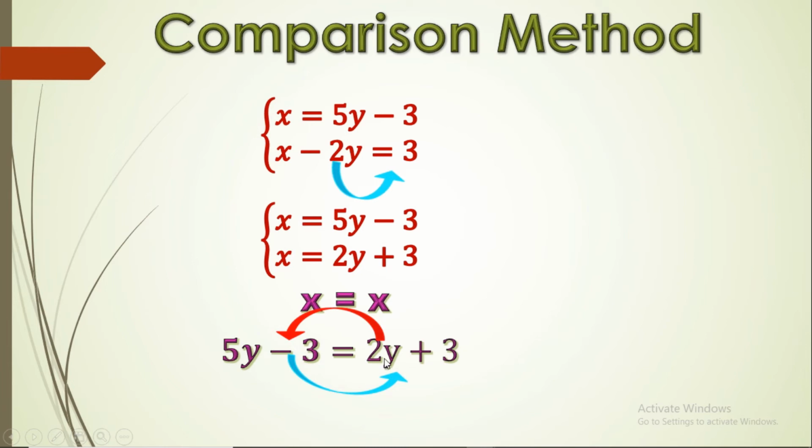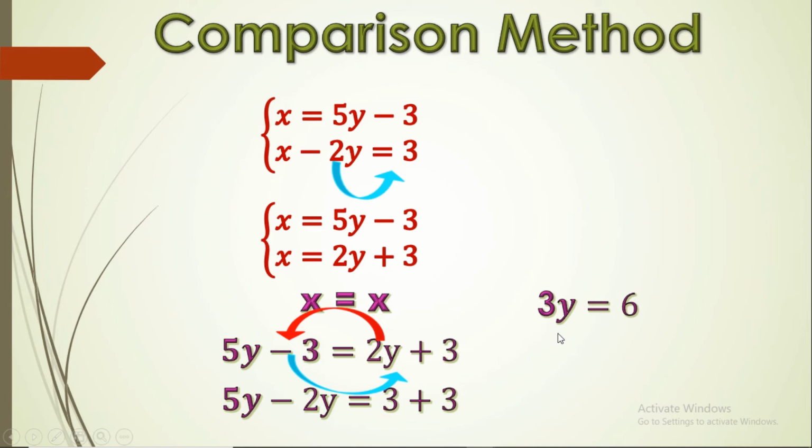Now here 2y, if we move it, plus 2y becomes minus 2y. And minus 3, when we move it to the other side, it becomes plus 3. So we will have 5y minus 2y equals 3 plus 3. Well, 5y minus 2y is 3y, equals 3 plus 3, which is 6.